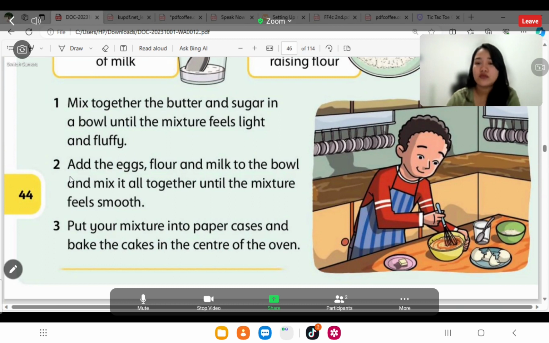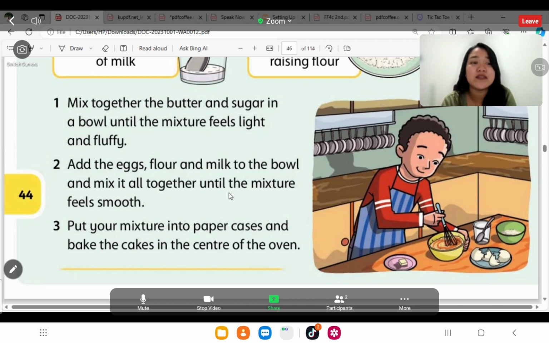Add the eggs, flour, and milk to the bowl and mix it together.